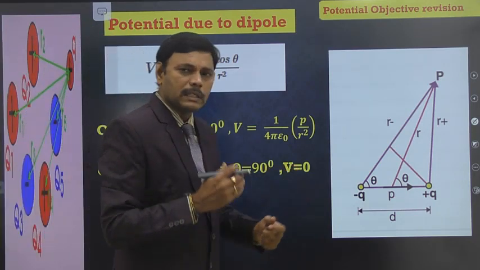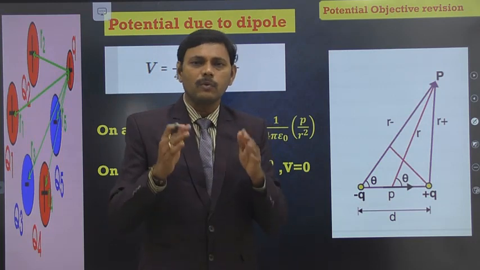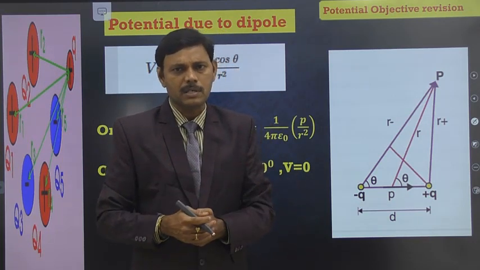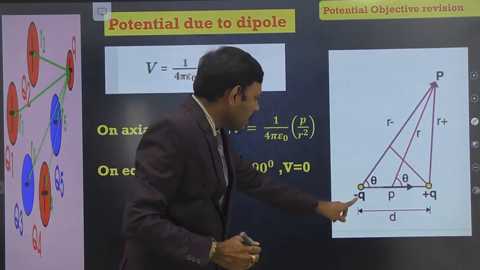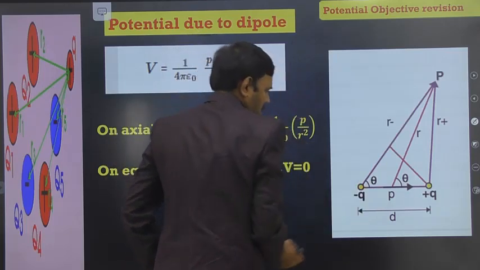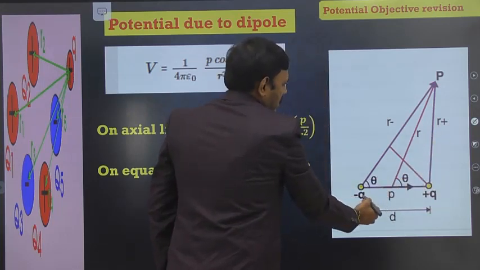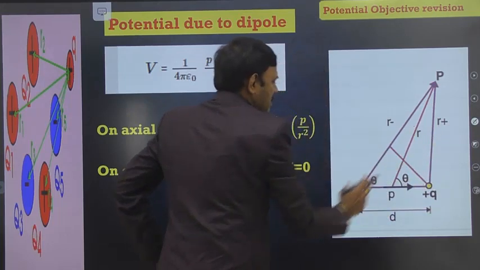Students, we know that a dipole consists of two equal unlike charges kept at some distance of separation. Let minus q be a charge kept at this point, and plus q the charge kept at another point, and these two are separated by some distance.